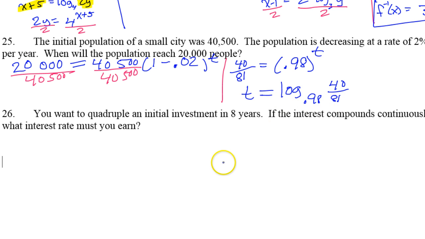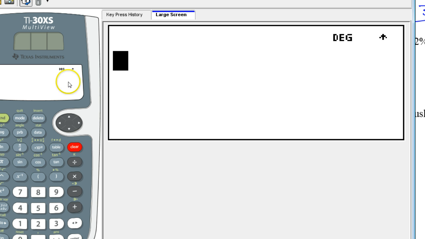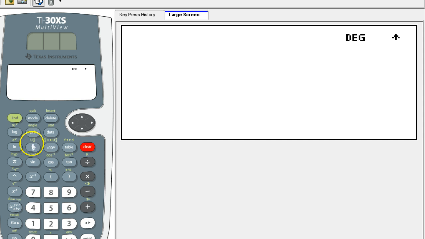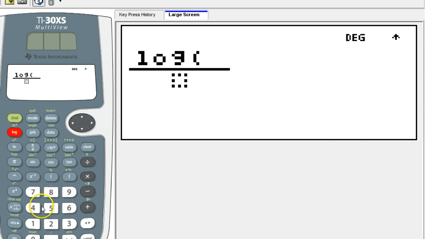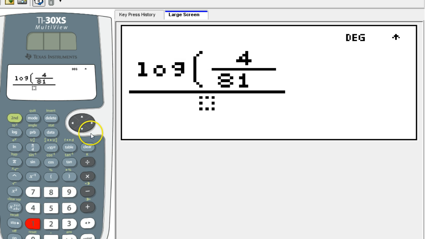So you can just put this in your calculator? No, you can't. You have to use the change of base formula to put this in your calculator. So remember, we have to do log of 40 over 81. It's going to be like this. Fraction mode. We'll do log of 40 over 81 in the top.